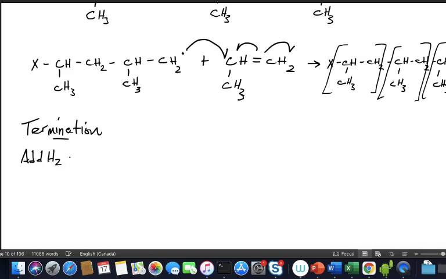And if you want to show H2 as H-H to represent the two hydrogen atoms and a single bond between them, that's fine. I'm going to redraw this third propagation product again on a separate line so that it's a little bit bigger and easier to see.